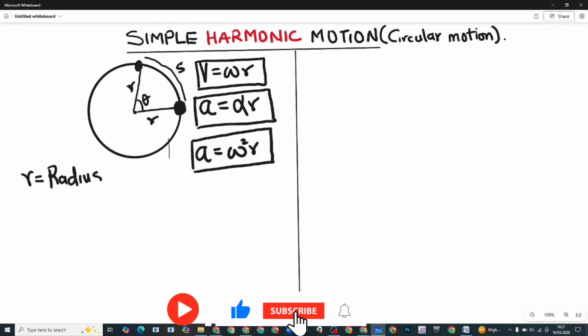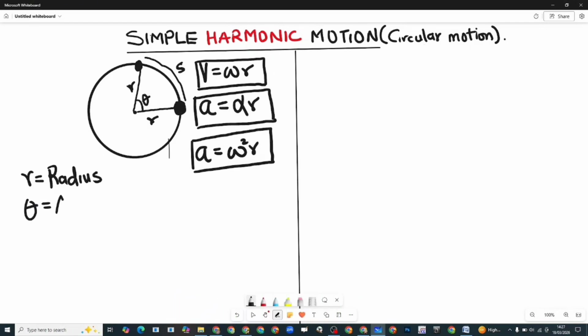Theta is known as the angular displacement. Our s is known as the arc distance.